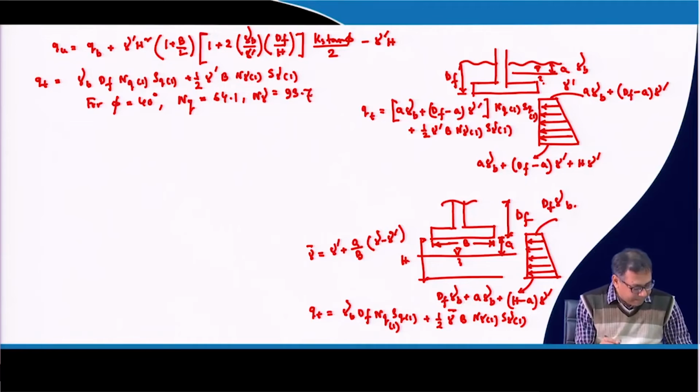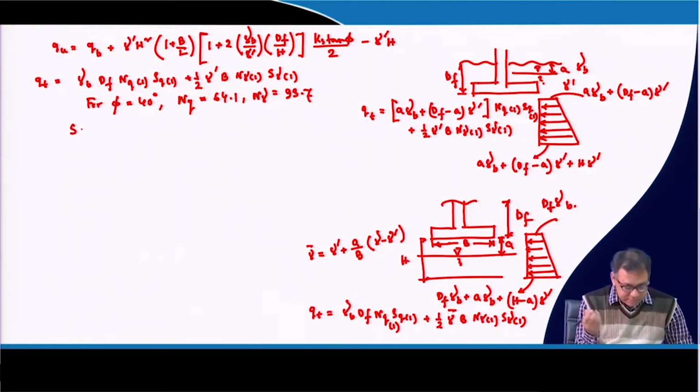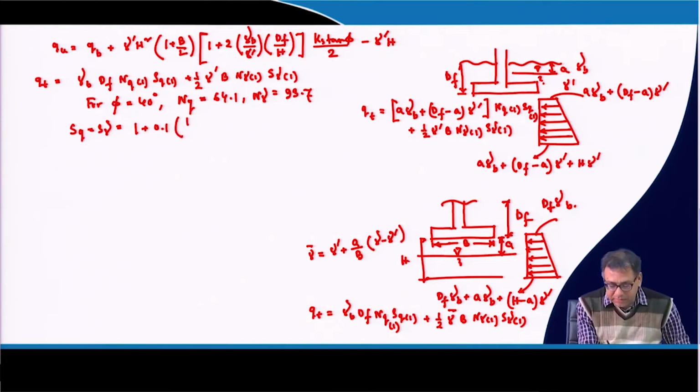And Sc we are not calculating, because the first term is 0 as c equals 0. So Sq and S gamma will be 1 plus 0.1 into B divided by L into tan square of 45 degrees plus phi by 2.